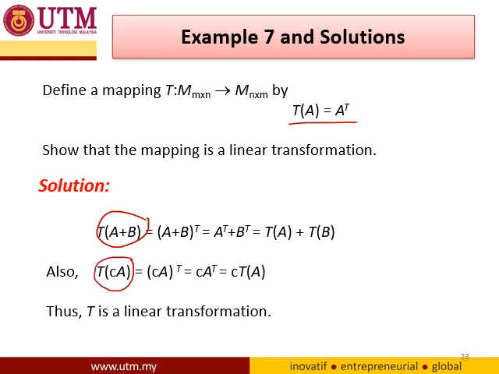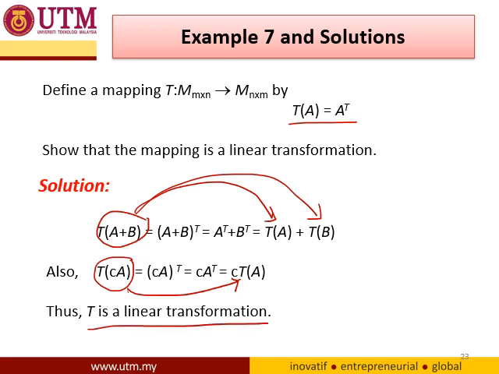And this is our multiplication, and we can say that T(A+B) is actually equal to the transformation of A plus the transformation of B, whereby the transformation of C multiplied by A is equal to C multiplied by the transformation of A. We can see directly. So thus we can say that T here is a linear transformation because it satisfies these two properties.